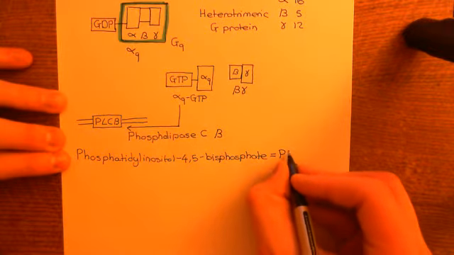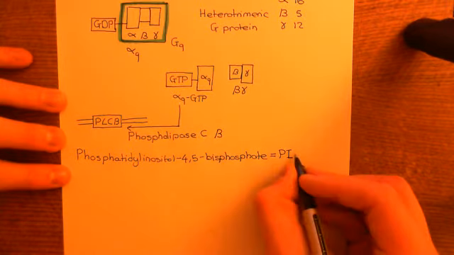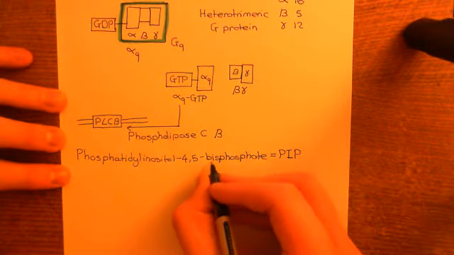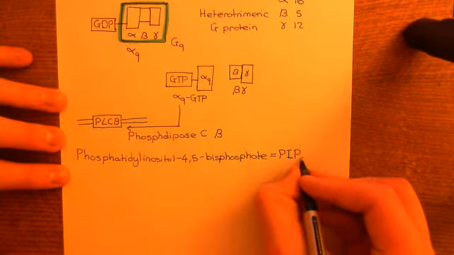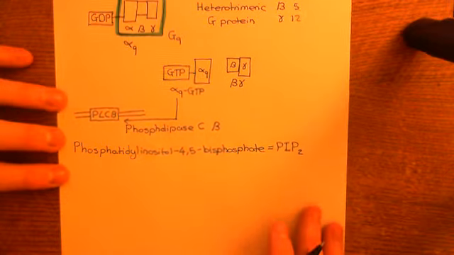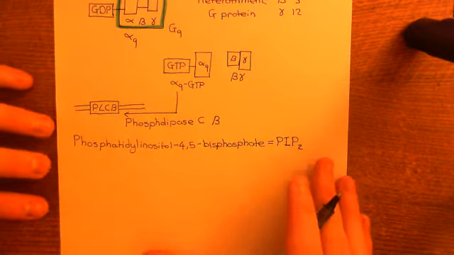Then the next symbol is an I, and that's for the inositol. So PI is for phosphatidyl inositol. Then this final P is for phosphate. And then we have two phosphate groups off this inositol ring, so it's a PIP2 molecule. This is often just called PIP2.